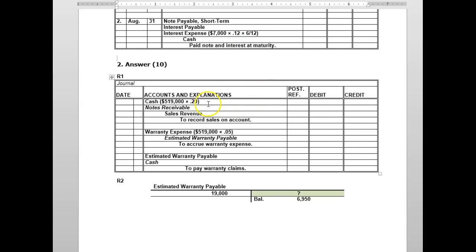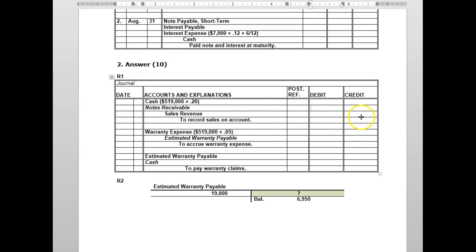So what it says is 20% of the sales revenue, let me get it right here. They receive cash for 20% of the revenues. So you'll multiply that $519,000 times 20%, and that gives you a debit of cash here. And then the rest of it goes on a notes receivable.